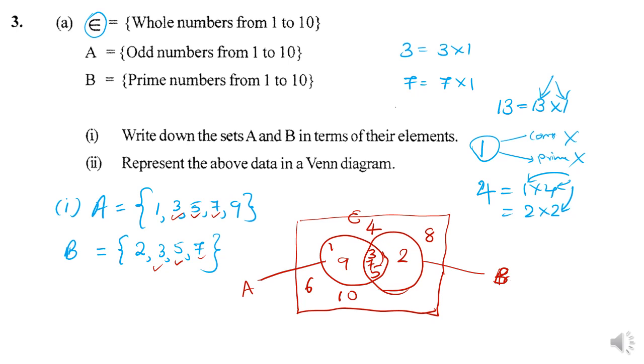So B means prime numbers, A means odd numbers, and you will see the only one prime, this is a prime number. 2 is special, 2 is a prime number, and it is also an even number. This is the only even prime number, right?